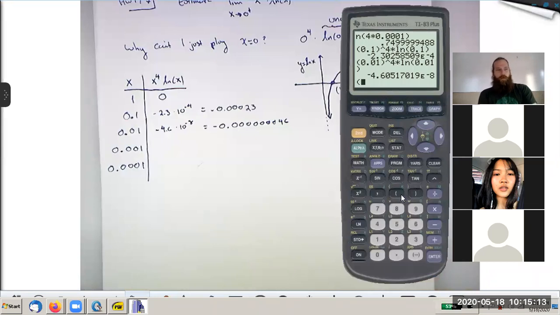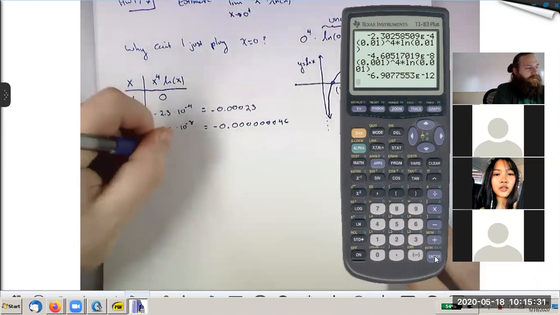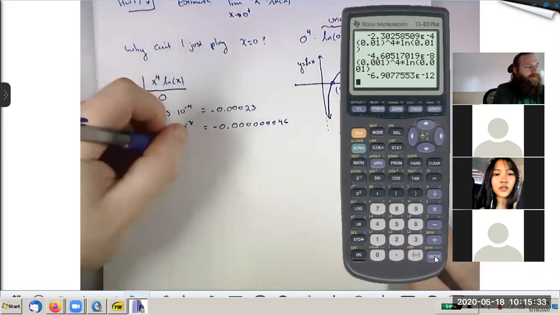So for our last input here, let's look at 0.001 raised to the 4 times the natural log of 0.001. Yeah, negative 6.9 times 10 to the negative 12.